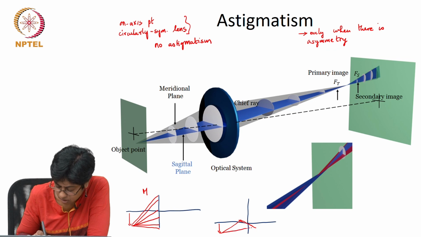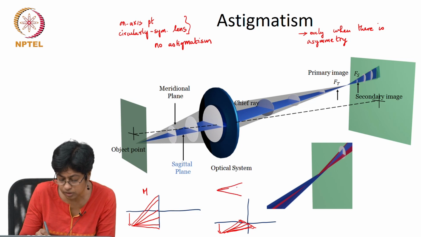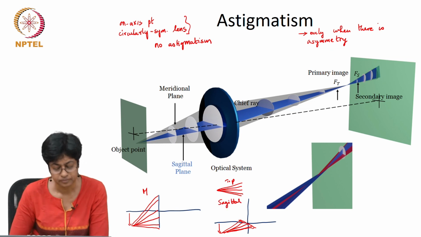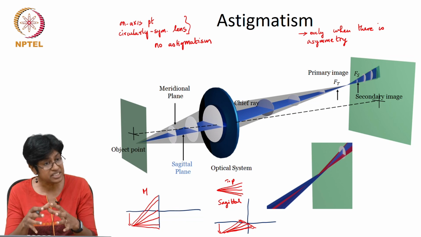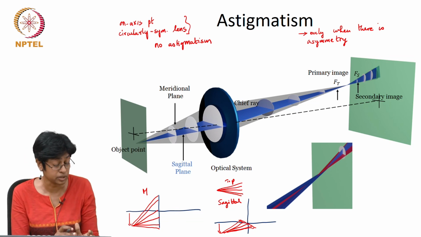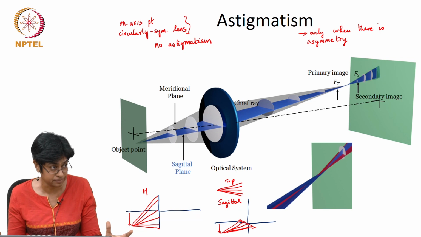They're all hitting this. So when I look at it from the top, they're going to look symmetric. This is the top view for the sagittal, right? So there is symmetry still with the sagittal rays, and there isn't any symmetry with the meridional, and there's a difference between these two for an off-axis point.